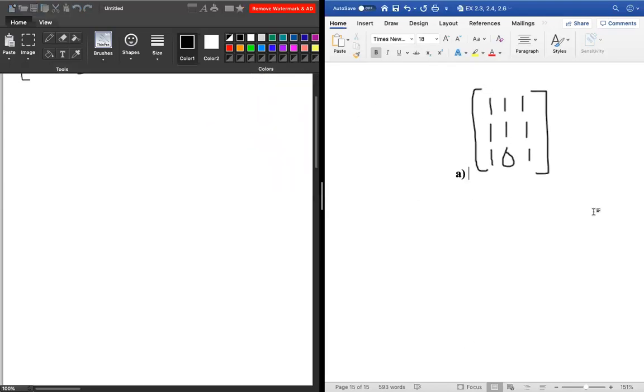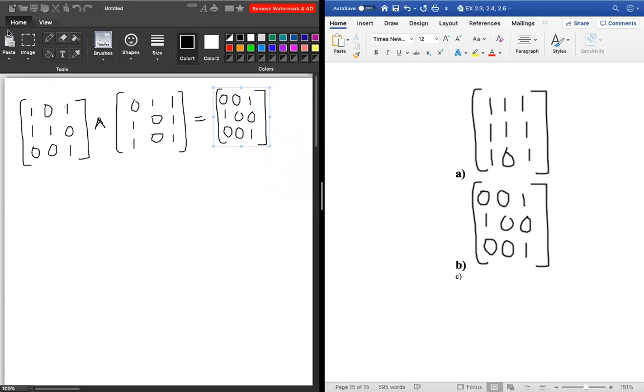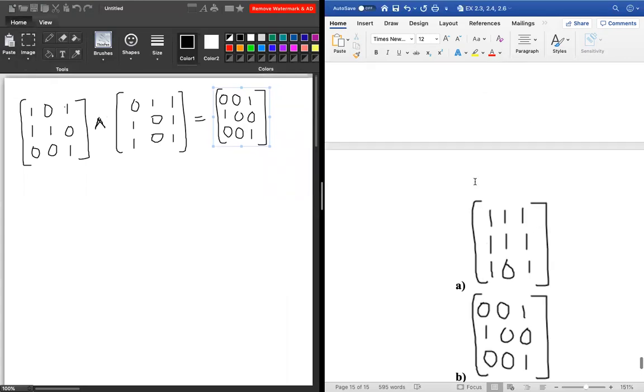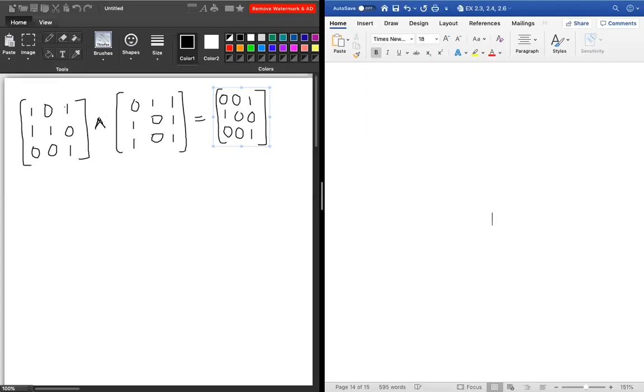Okay, so this is going to be the result for part B. Okay, so for part C here, this is basically called a dot product.